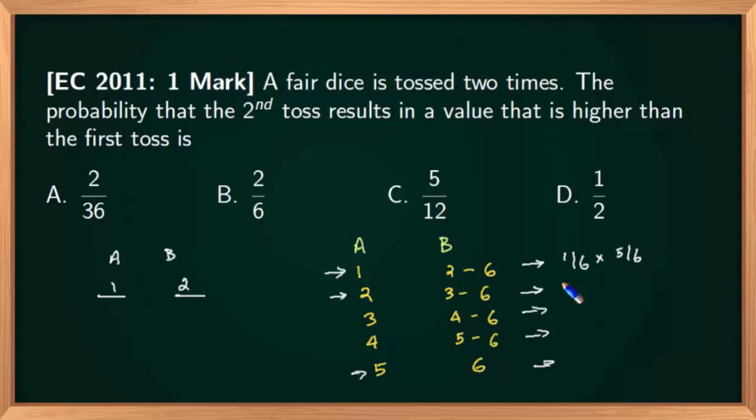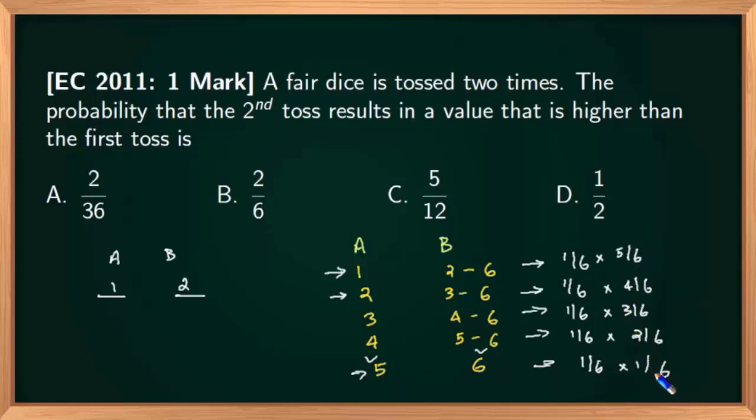Now in this particular case, I have to make sure that I get 2 and I get a value which is 3 or 4 or 5 or 6, which means that out of the 6 possible outcomes when I roll a die, 4 are favorable. Now in the next case it is 1 by 6 into 3 by 6, 1 by 6 into 2 by 6, and 1 by 6 into 1 by 6, right? I must get 5 and I must get 6. So 1 by 6 into 1 by 6. These are the only favorable outcomes that I have.